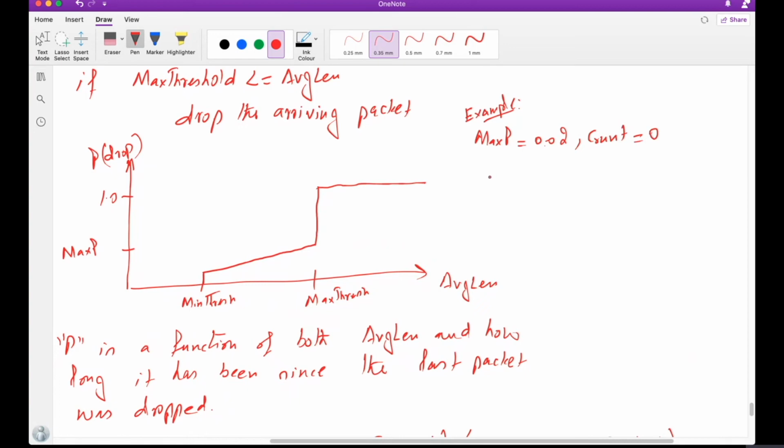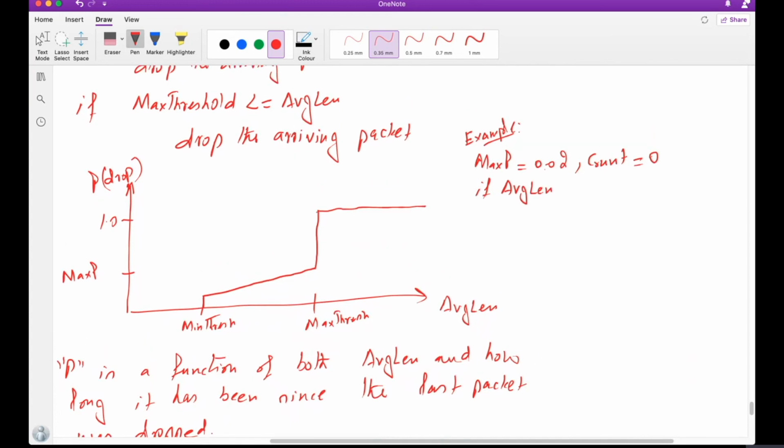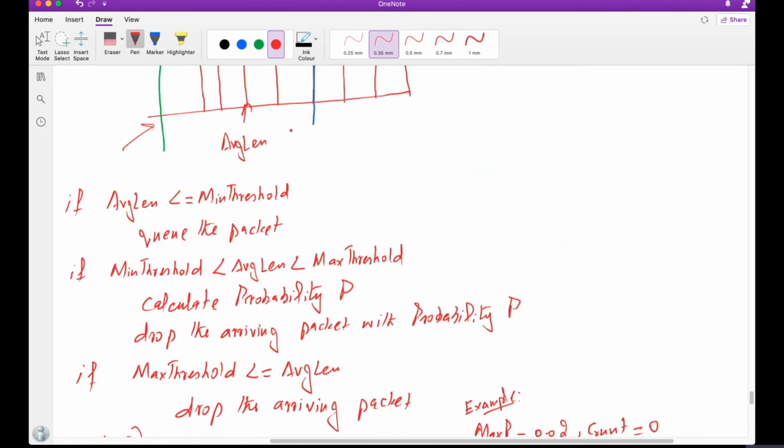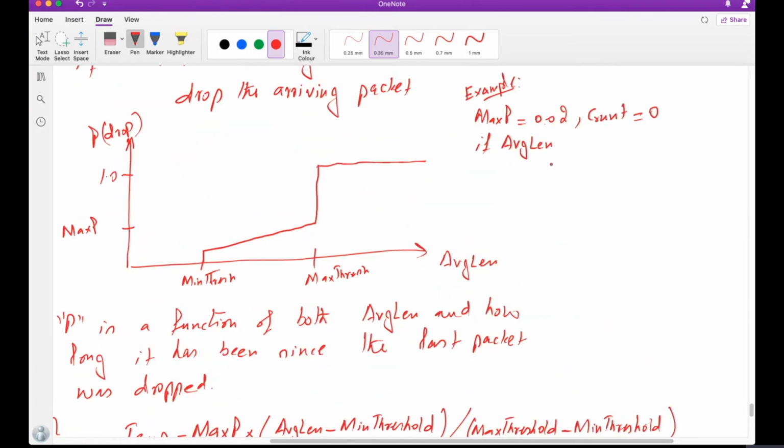So let's assume the average length were half between the two threshold values, which is the case over here in this diagram, right?